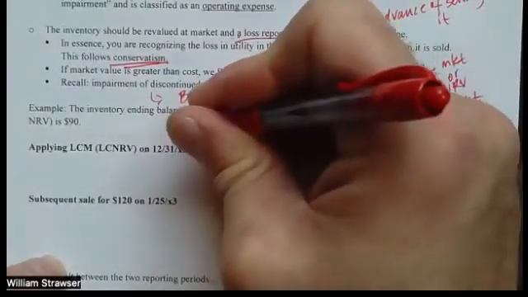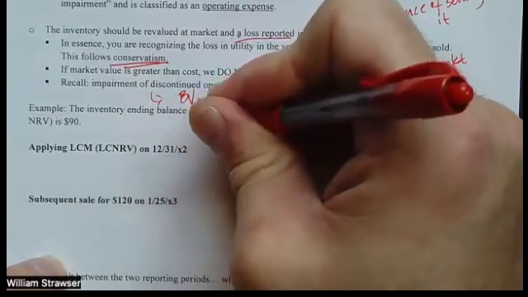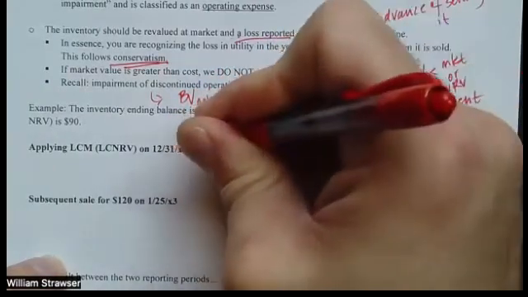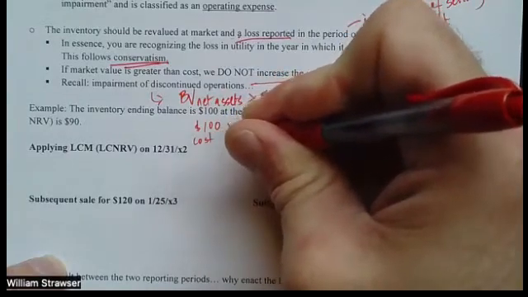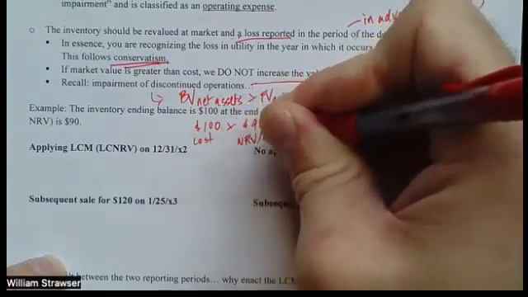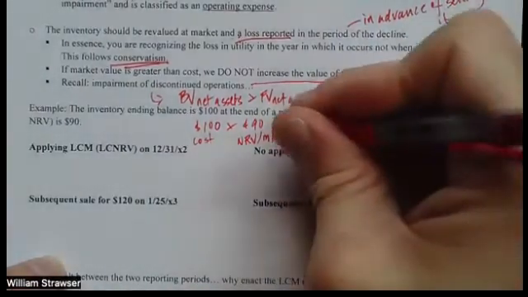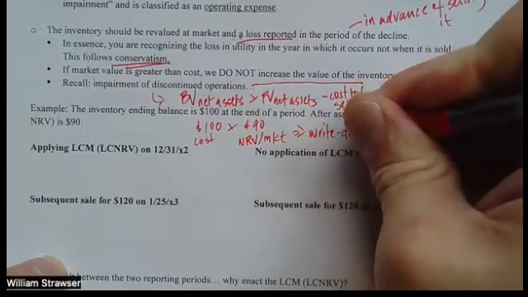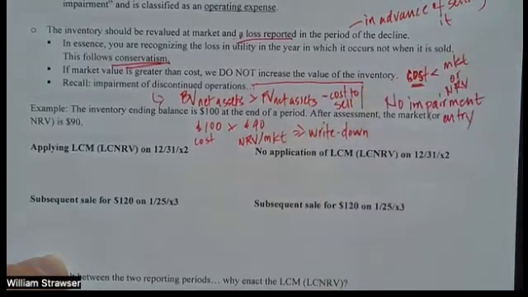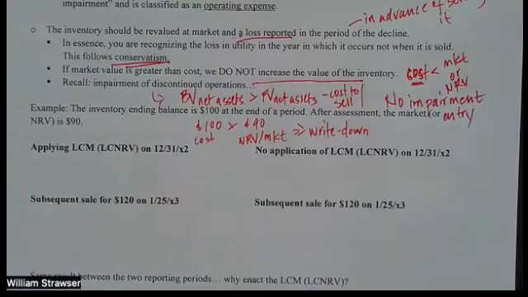So I know that my cost is greater than my NRV / market, which means I got to write it down. Because right now, my asset is overstated compared to what I could eventually sell it for.